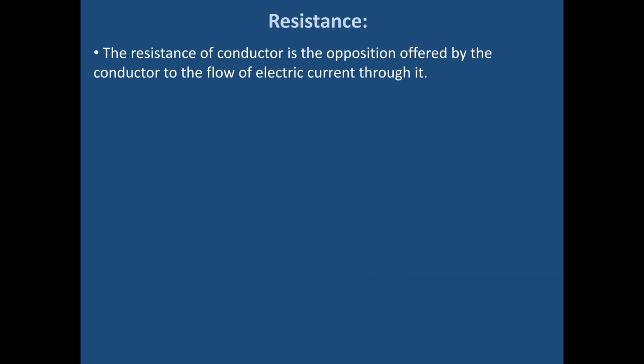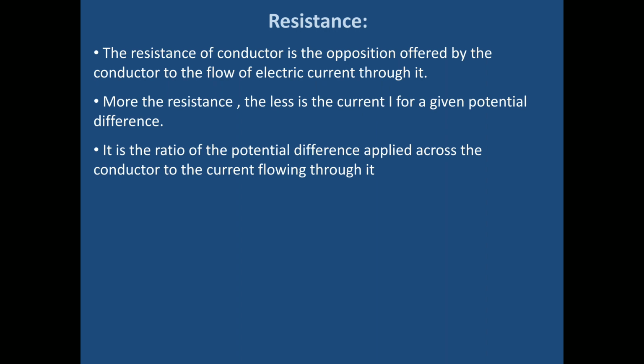Now, what is resistance? Resistance is the opposition offered by the conductor to the flow of electric current through it. Previously, we have seen the example of water flow. If during the flow of water some hindrance or obstacle comes, then it opposes the flow of water. In a similar manner, resistance is the opposition offered by the conductor to the flow of electric current. It means that the more the resistance, the less is the current for a given potential difference.